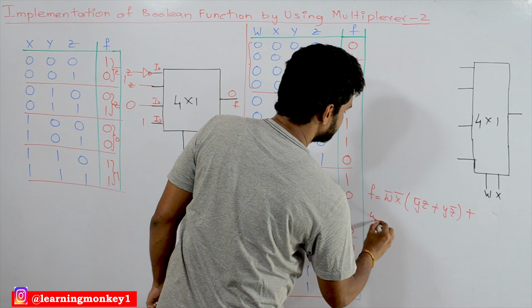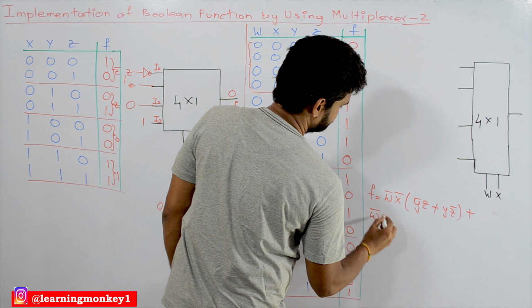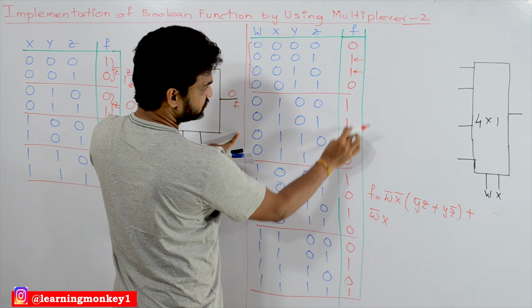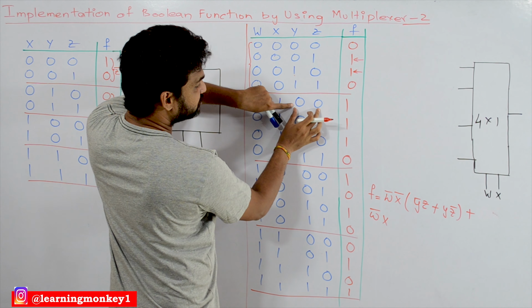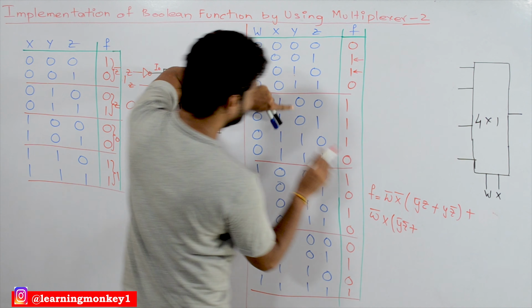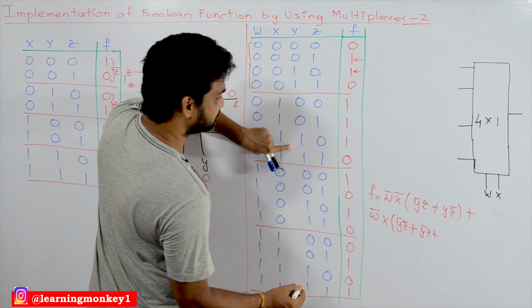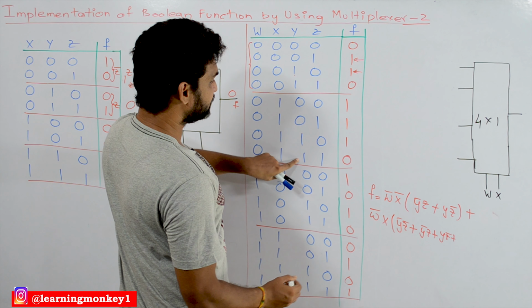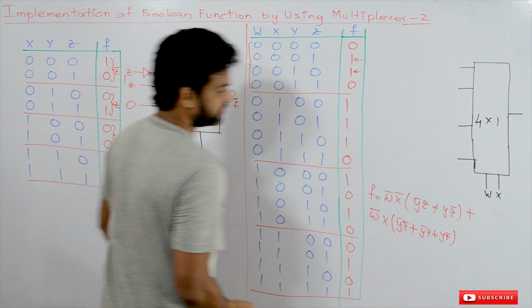Whenever it is W bar X, meaning it is 0 1, wherever we get 1, based upon the values of Y, Z: 0 0 we are getting 1, so it is Y bar Z bar plus 0 1 we are getting 1, Y bar Z plus 1 0 we are getting 1, Y Z bar plus. Are we getting 1 here? No, we are not getting 1 here. So with this we are going to close it.